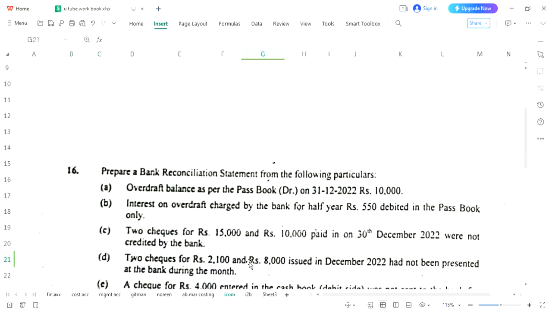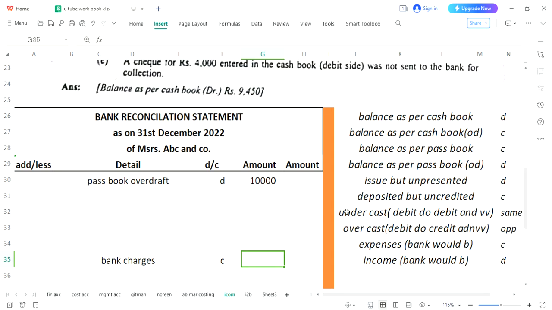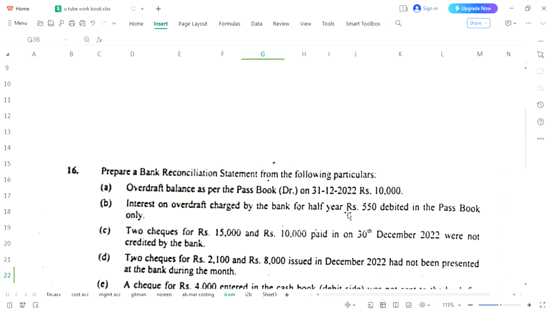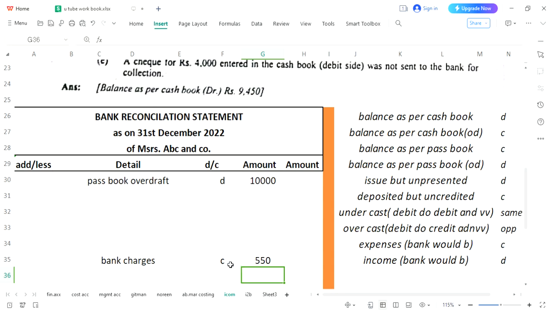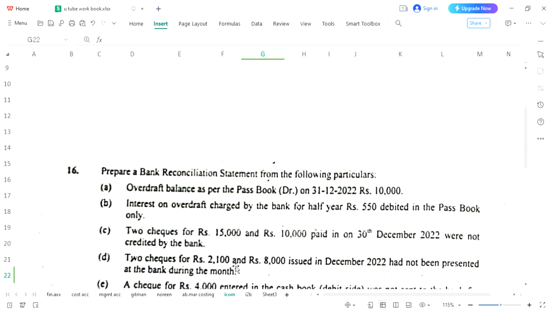Look at here, charges are 550, put the amount. But kindly note, there are several other hints as well. Debited in passbook. Whatever is written in passbook, the opposite side would be chosen. It is debit in passbook, so we should choose credit. And as you can see, we have chosen credit. So there were two hints in this entry.